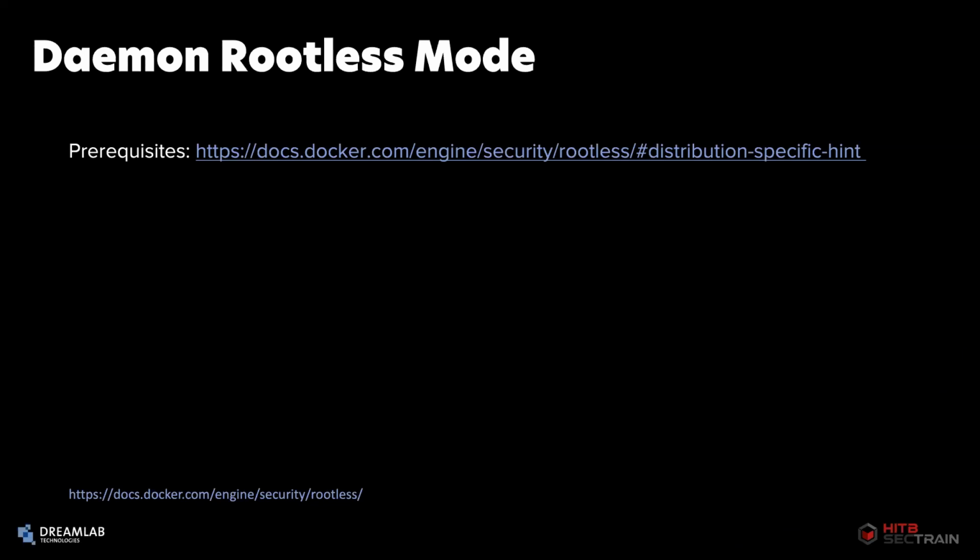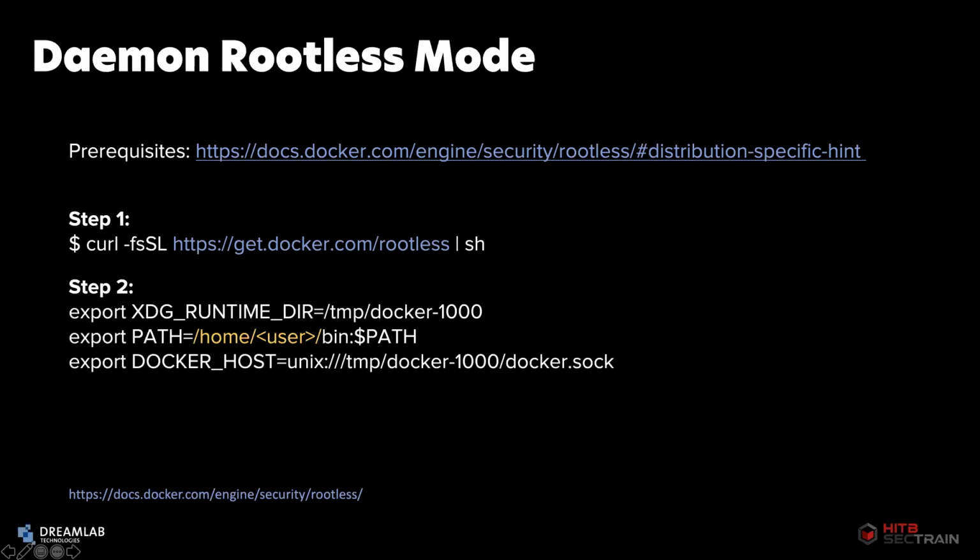So once you have your host machine ready, you can follow just 3 very basic steps to install the rootless kit. The first one is just download and run it. We have to download it from this URL since this kit is not part of the normal installation. And second, it's necessary to export these 3 environment variables since the rootless kit uses different paths than the normal installation.